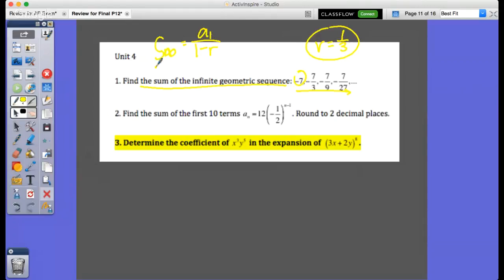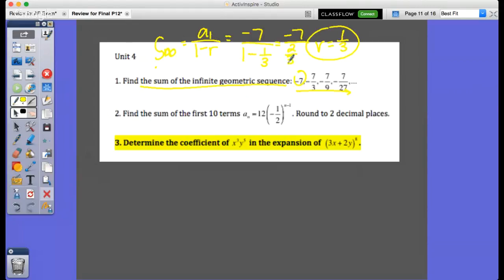So it'd be -7 over 1 minus 1/3. 1 minus 1/3, nice. Yeah, -7 on the top. And what would be the bottom? 2/3. Yeah, that's exactly right. We got 2/3 on the bottom.